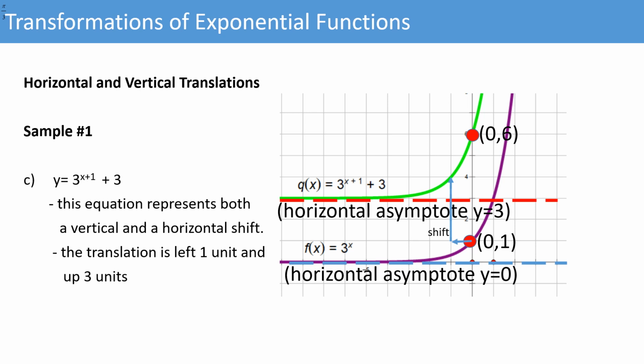The translation will be left 1 unit, which we can see if we compare the points, and it's gone up 3 units. So the point (0, 1), we can see has shifted and moved up.